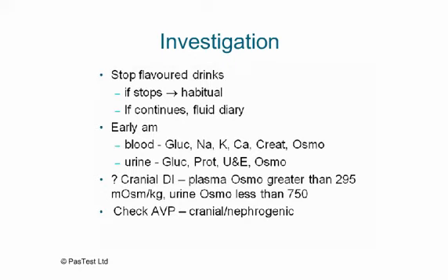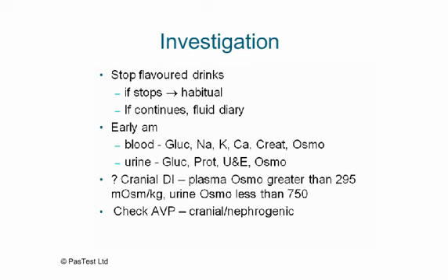In cranial diabetes, if the plasma osmolality is unusually high, greater than 295 milliosmoles per kilogram, and if the urine osmolality is low, less than 750 milliosmoles per kilogram, the diagnosis may be considered. However, the diagnosis is not always straightforward and may need specialized investigations such as a water deprivation test.